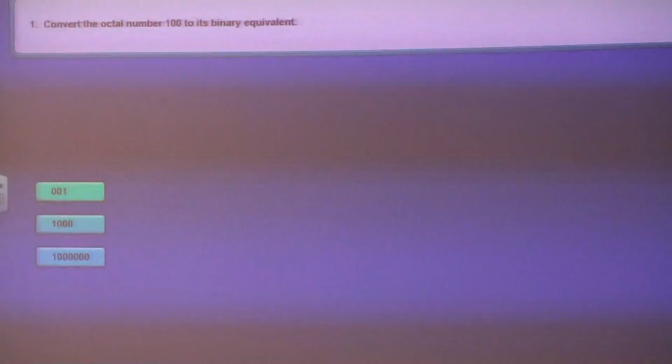Practice time. All right, call them out. Convert the octal number 100 to its binary equivalent. 100. So how do we convert it?